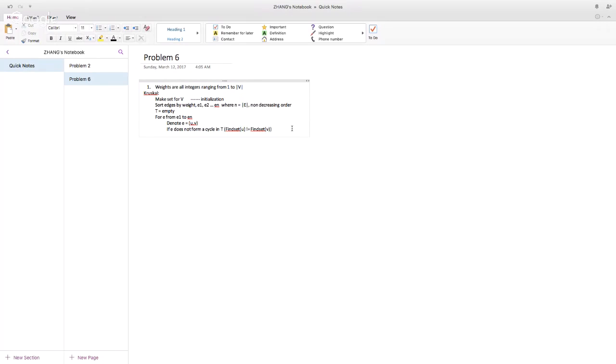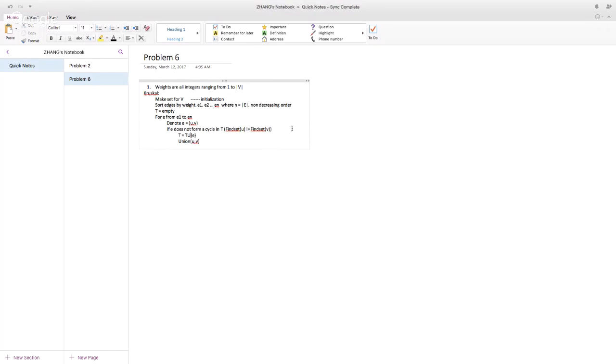So if it does not form a cycle, we include this edge E in T and union U to V. That means we merge the two sets that represent two connected components.